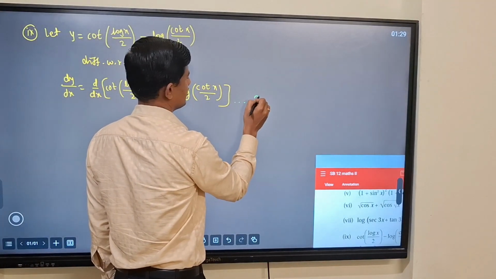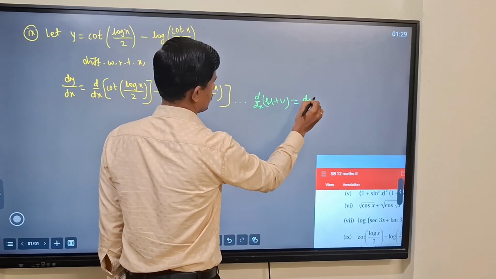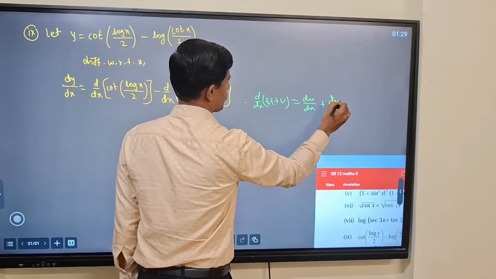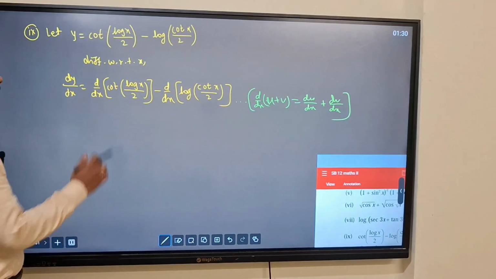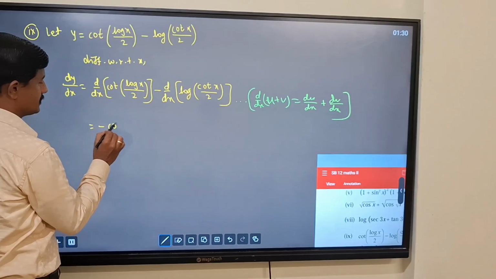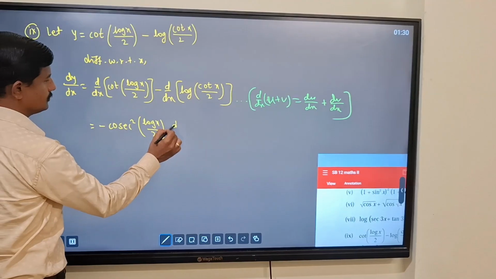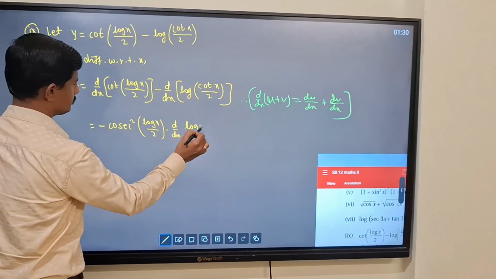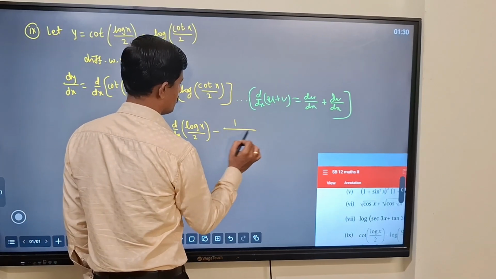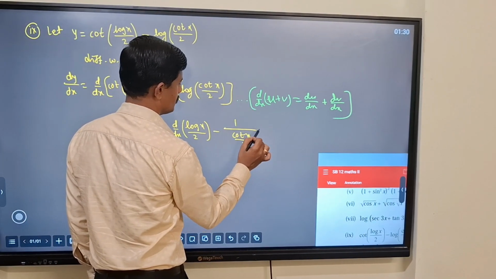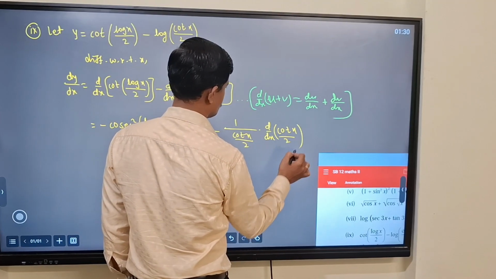It's a very simple rule. This is d/dx of u plus v is what? du by dx plus dv by dx. Now the differentiation of cot is minus cosec square log x by 2, d/dx of log x by 2, minus the differentiation of log is 1 upon cot x by 2 into d/dx of cot x by 2.